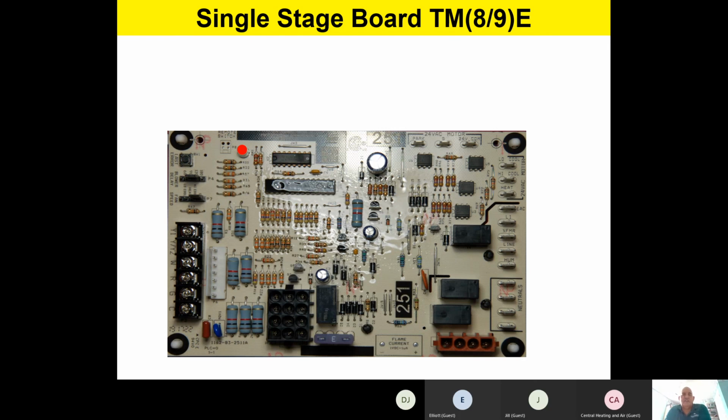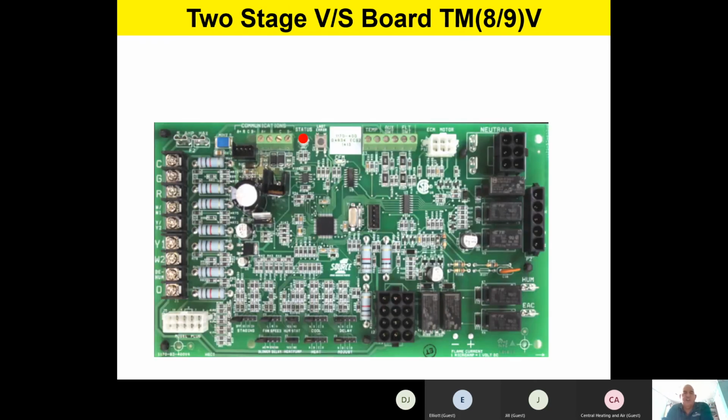Let's take a look at a two-stage board. You're going to find a two-stage board on page number 22 of your handout. On this particular two-stage board, it's a red flash, and we're showing you that it's flashing 13 times. As you take a look at your control board and you count those flashes, it'll count 1, 2, 3, 4, up to 13 in this example.